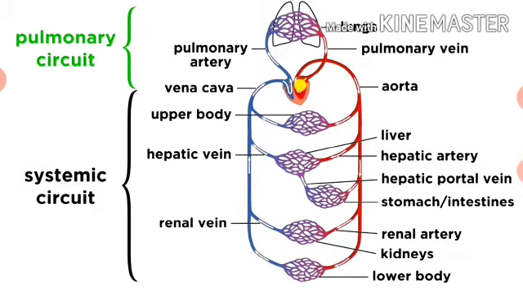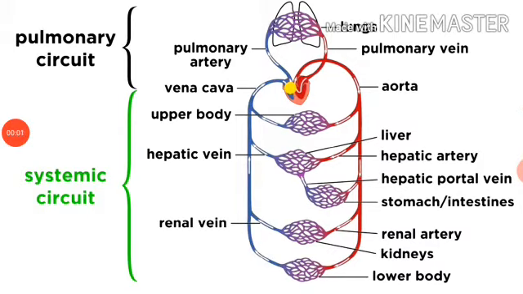Then the oxygenated blood leaves the left side of the heart and is sent to the body to distribute oxygen and nutrients to all the various tissues which need oxygen to perform cellular respiration. After unloading oxygen into the tissues and collecting carbon dioxide and other metabolic waste materials, the blood is filtered by the kidneys and disinfected by the liver and then makes its way back to the right side of the heart, and thus completes the systemic circuit.